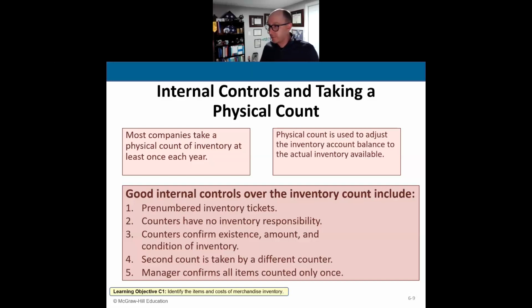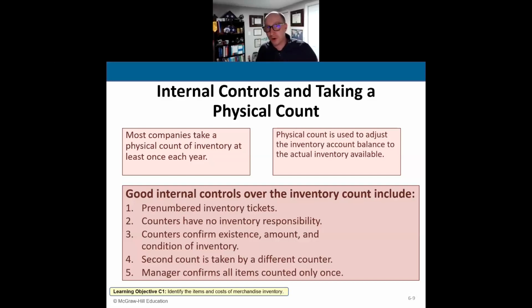And it's usually a loss if it's not there. Why a loss? What happened to it? We don't know. It could have been stolen. It could have been used as a display. It could have been lost. So things happen. But we have to account for those things that happen.